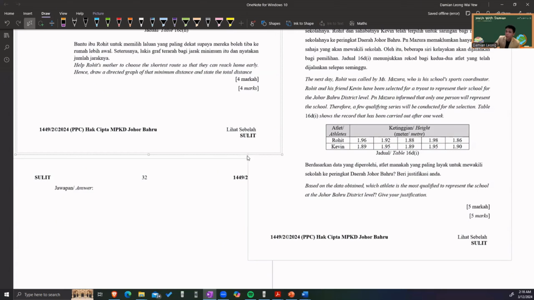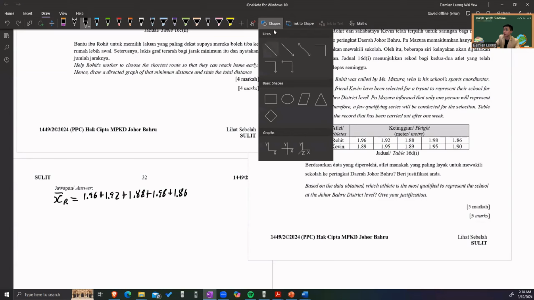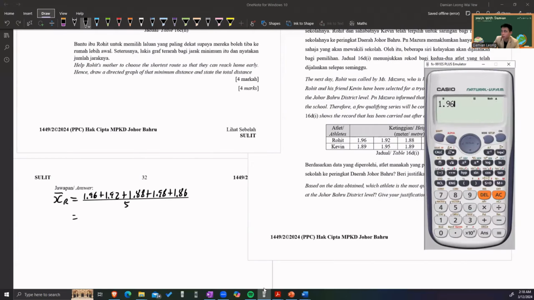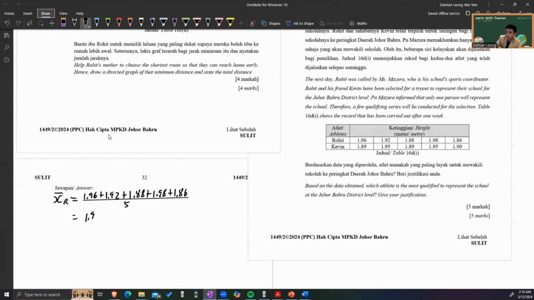So again, we compare the mean and standard deviation. Mean for Rohit: each of the heights divided by the number of tries, 5. 1.96 plus 1.92 plus 1.88 plus 1.98 plus 1.86 divided by 5, 1.92.